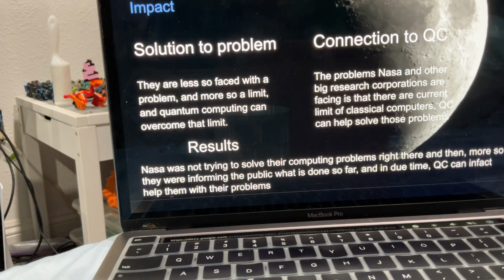And what's the connection to QC? Well, right now there are a lot of problems that NASA and other big researchers are facing, and they can be solved using QC. An example is that NASA is, of course, one of the biggest leads in space, and they gather a lot of data.